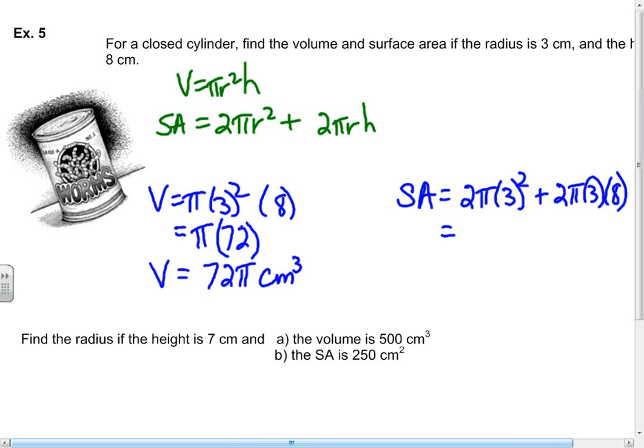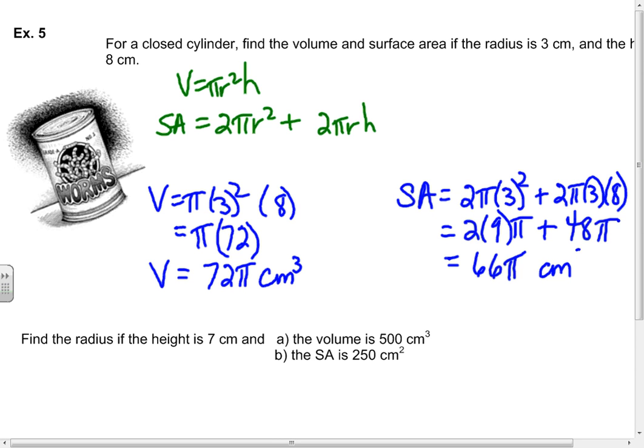So we would have 2 times 9 times pi, just changing the order a little, and 2 times 24, which is 48, times pi. 18 and 48, 66 pi. Units would be centimeters squared. And that's an exact answer. May not be as meaningful in centimeters to you, but it is a great answer.